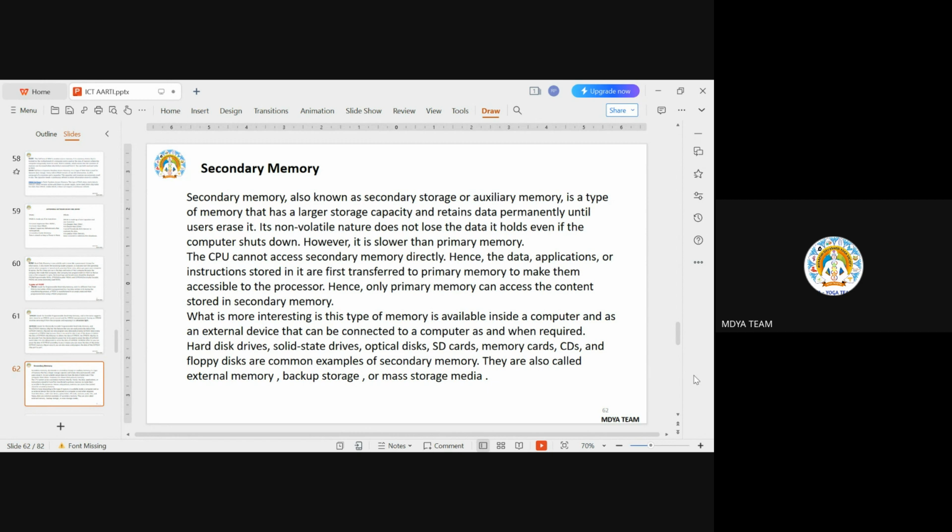Why is it called external? Because they are externally connected. Backup storage because we store data we need in that device, and mass storage because we can store data in a large amount. Okay.